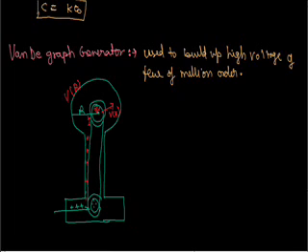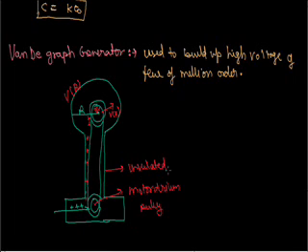This is a motor driven pulley. This is an insulated support, and this is an insulated belt.